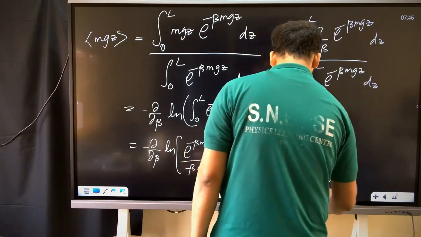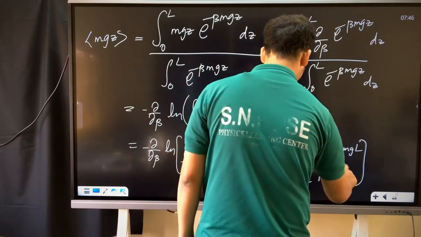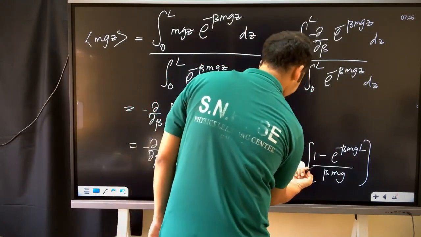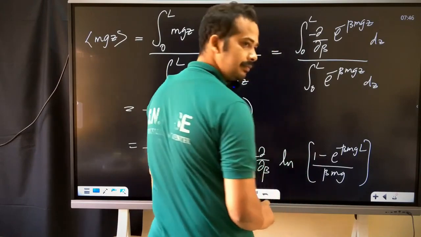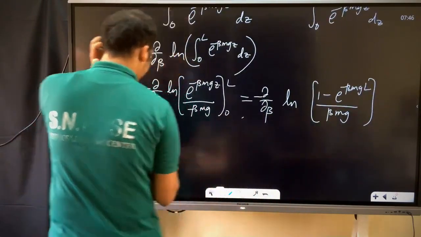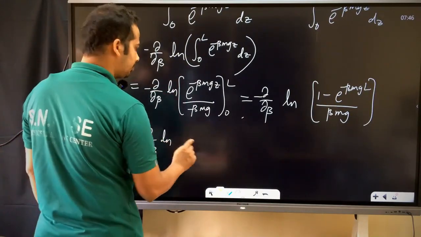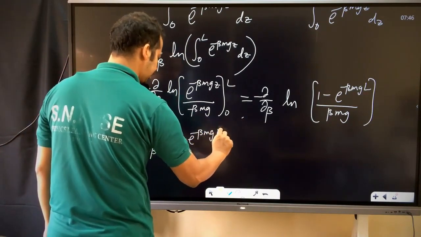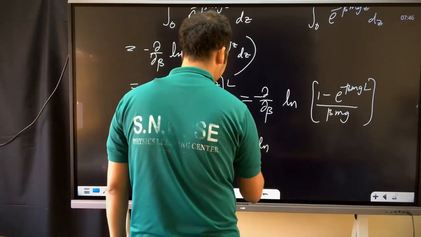Oh, I forgot the log. Log of this one. So that will be minus dou by dou beta of log of numerator 1 minus e power minus beta mgL, minus dou by dou beta, minus minus plus I think.